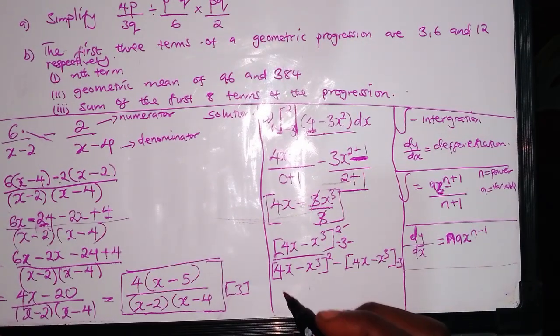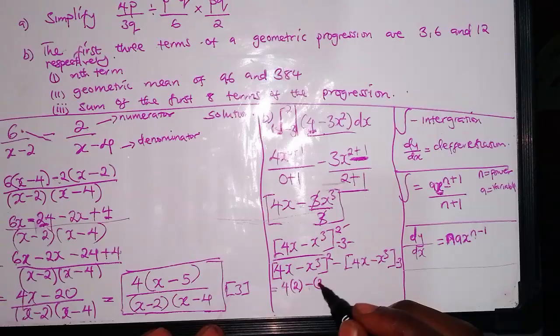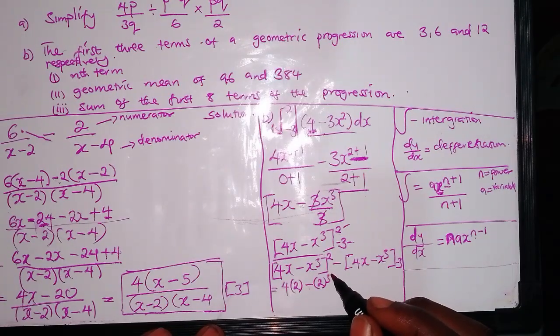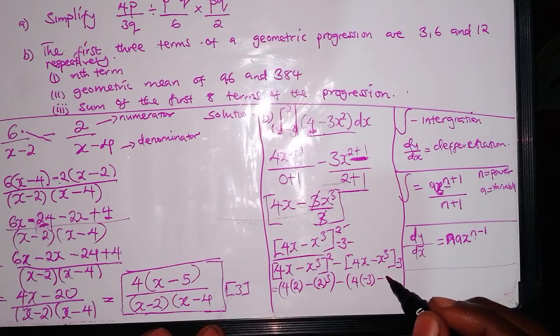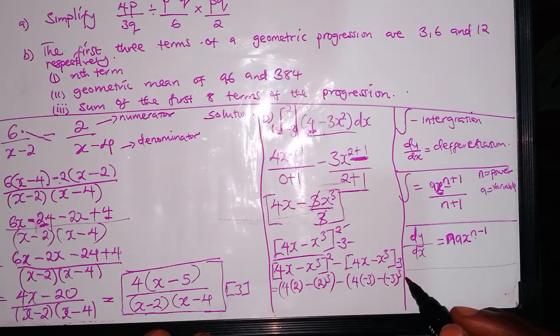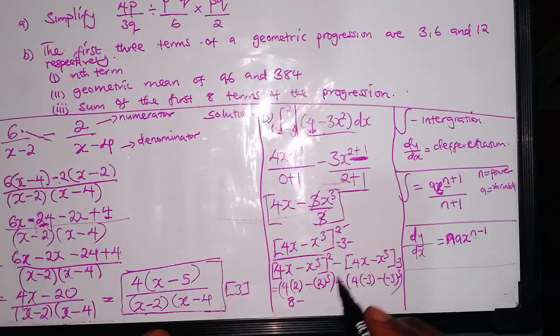So you say 4, you put 2, minus 2 to the power 3, minus 4 times -3, minus -3 to the power 3. When you multiply 4 times 2, you have 8. 2 to the power 3, again you have 8.